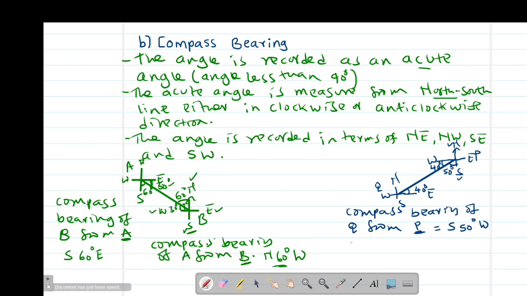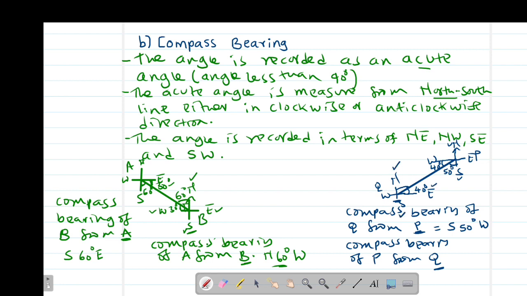Then the compass bearing of P from Q. The angle we are going to measure from point Q. So this is our point Q. The required angle will be this angle that is on the upper side, because this one is in contact with the north-south line.